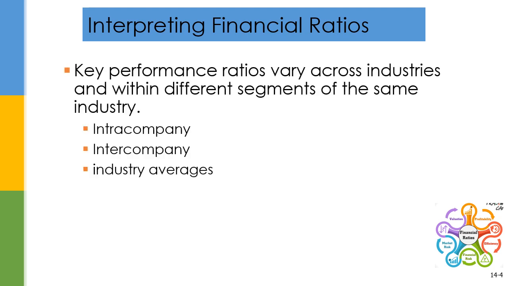Okay, interpreting the financial ratio, business owners need to understand how to interpret the ratio and then do the comparison across the industry and within different segments of the same industry. So first, look at the intra-company basis. This is a comparison within a company.